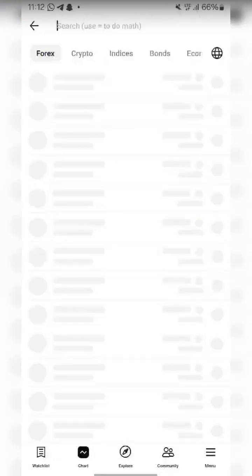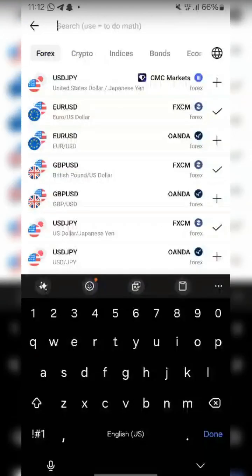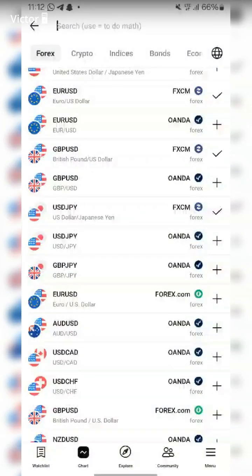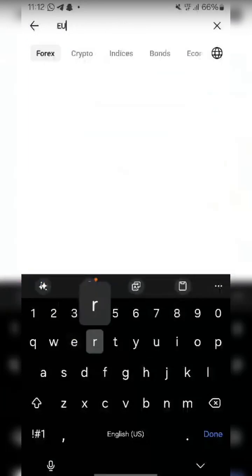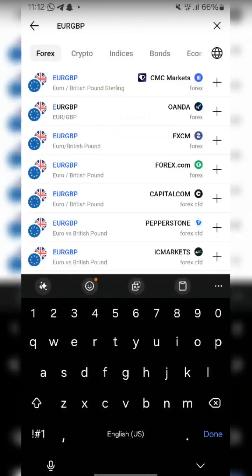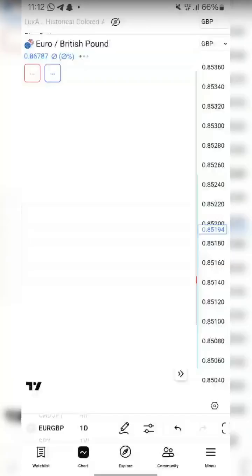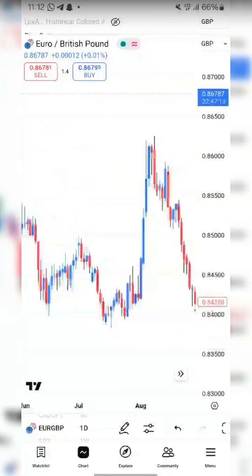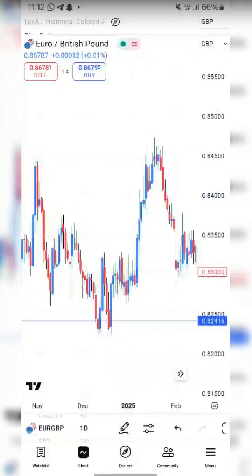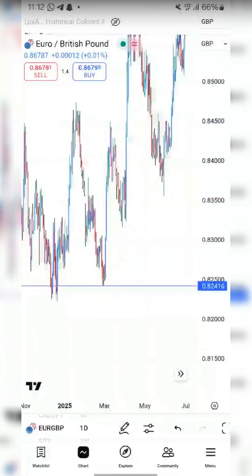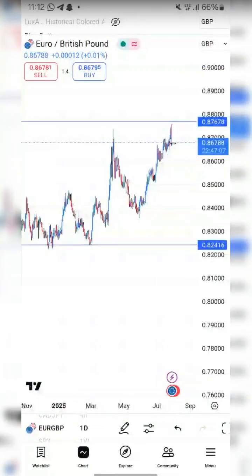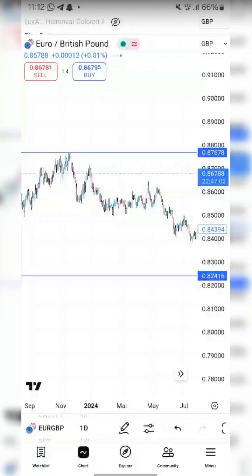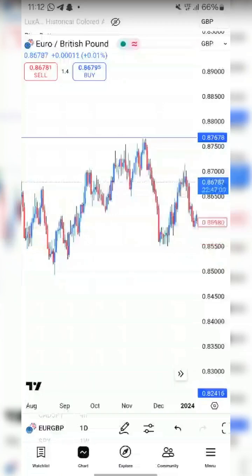I don't even like this pair for this kind of class. Let me look for another currency pair. GBP, Euro, GBP. Alright. So let's see. Okay, I think we can make do with this one.